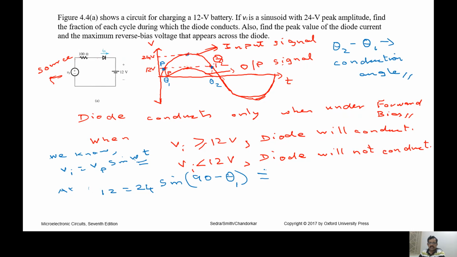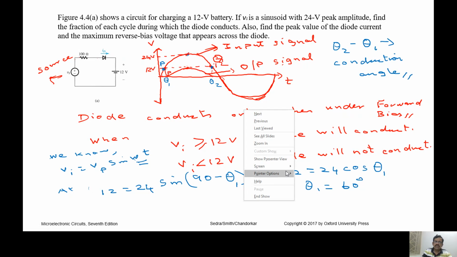Then I can write it as 12 equal to 24 cos theta, or theta 1 equal to 60 degree. Okay, you have to understand this. Actually, let me make it clear, otherwise you will get confused.